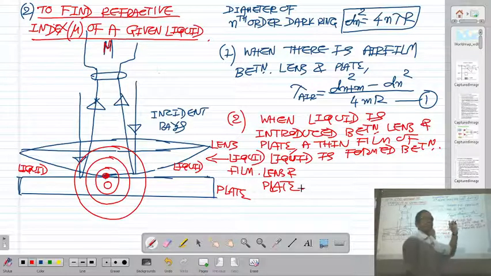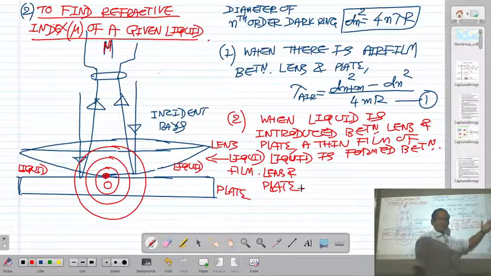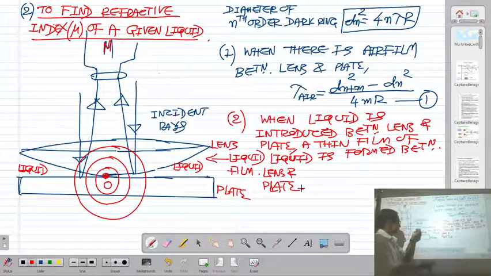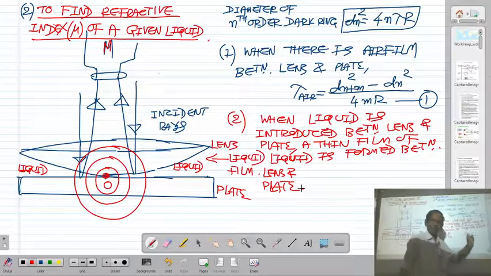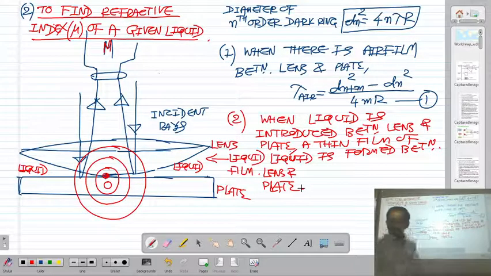When you put some drops of water or glycerin on the plane glass plate and then put a plano convex lens on it, a thin film of liquid is formed, and when a liquid film is formed between lens and plate, the diameter of the rings is going to change.